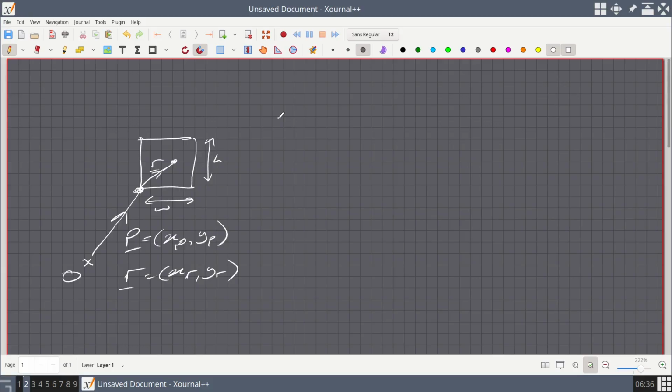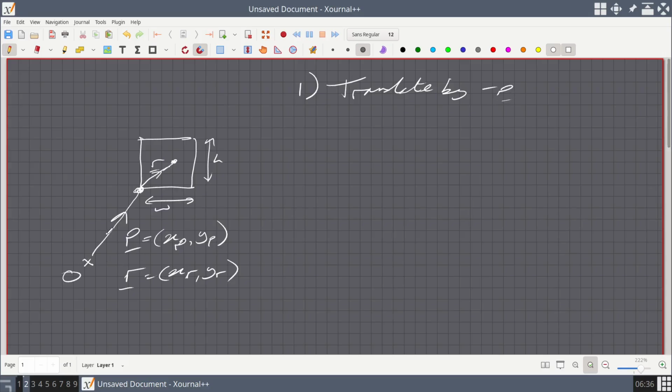Now, I've not thought this through all the way, but I think one thing to say is rotations are really simple about the origin, right? So a rotation around 0, 0 is just a simple matrix transform, right? So I think what we do is, step one is we translate, say by minus P, right?